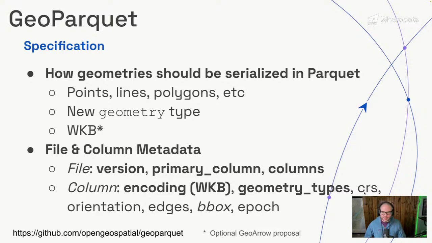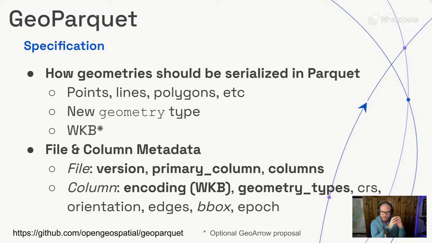So things like the CRS, the coordinate reference system, and the edges, whether we're working with spherical or planar data. And then this one I've put in italics because I think this is particularly interesting and useful: storing the bounding box of all geometries in this GeoParquet file. This is important because, at query time, if we have data partitioned across multiple GeoParquet files, this allows us to prune certain files if the bounding box of the geometry doesn't fall within the spatial predicate.